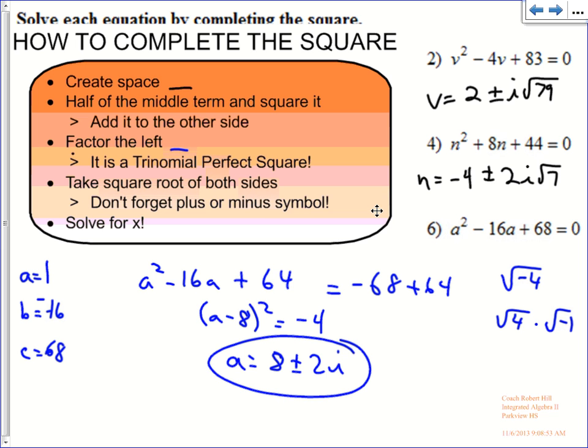I got imaginary answers, so my discriminant must be negative, and it would be something that would reduce. That's why I don't want to go through this; I consider using the quadratic formula a little much. That's called completing the square.